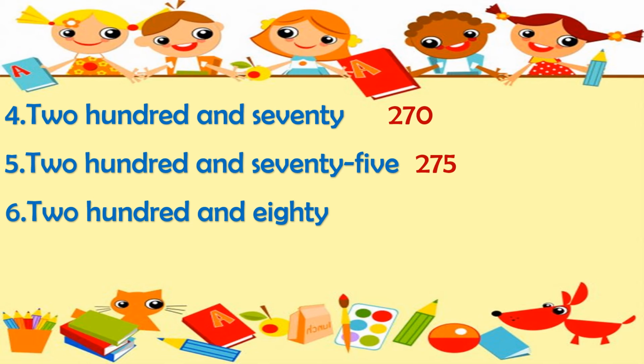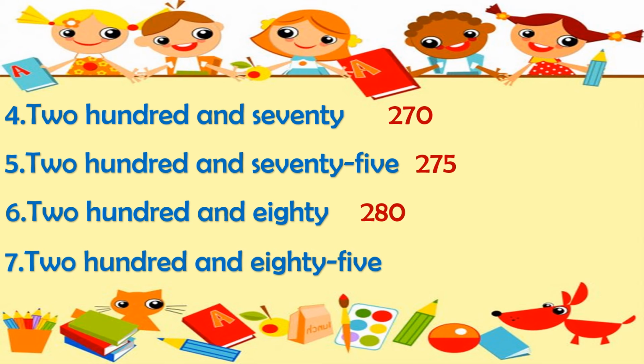But wait a moment. How can you write 280 in number symbols, students? Wow, excellent again, students. 2, 8, and 0. Very good. You read this number as 280. Number 7 vocabulary is 285.